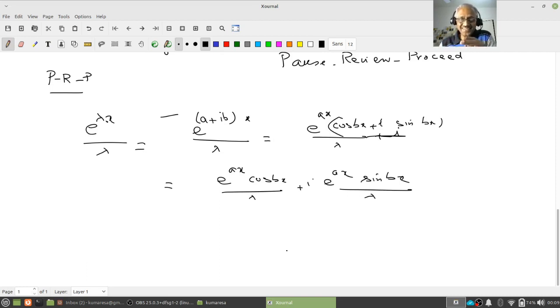Now in this example I have to do such things. So what is 1 by lambda? I hope all of you know how to do that. This is lambda bar by lambda into lambda bar, and lambda bar is a minus ib by a squared plus b squared. Do you understand that?